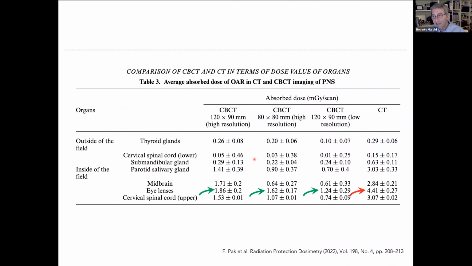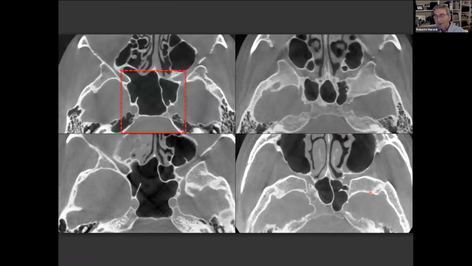The advantage is related to the exposure, which is definitely lower with the cone beam approach, even if you are using high resolution or a very small field of view, and it is approximately at least 3 times lower than the one that you deliver with CT.